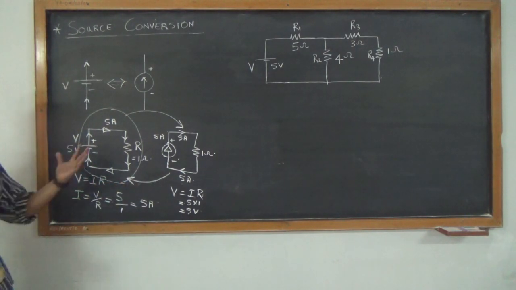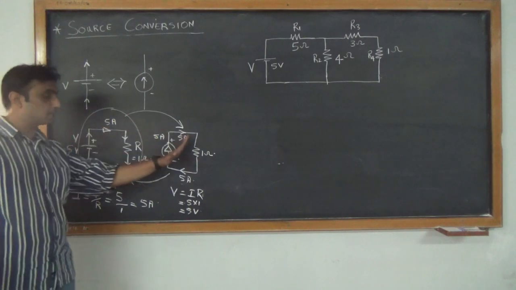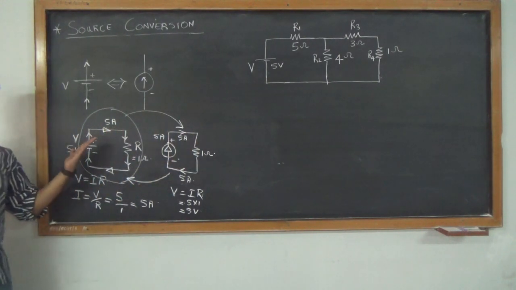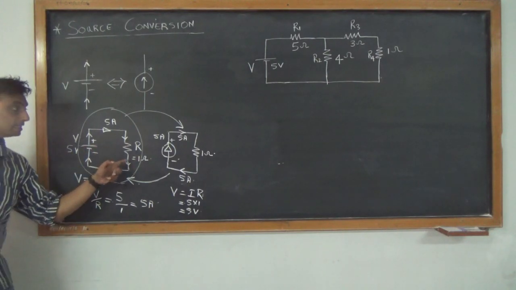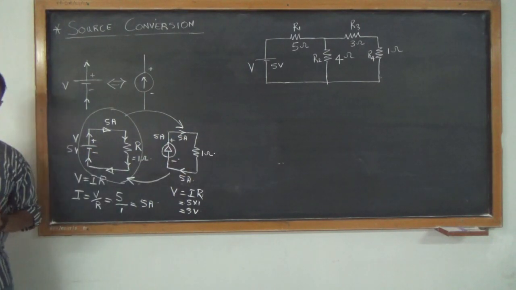So if I want to convert from a voltage source to a current source or from a current source to a voltage source, it is easily possible, but provided there is only one resistor.